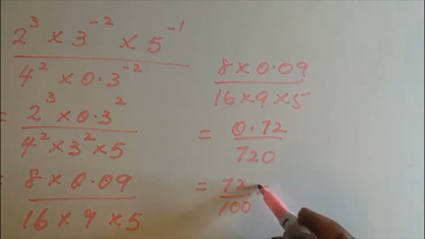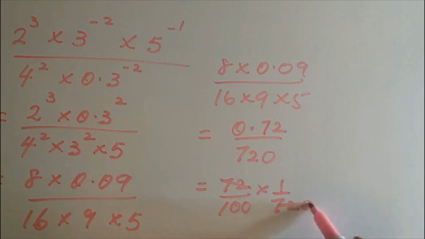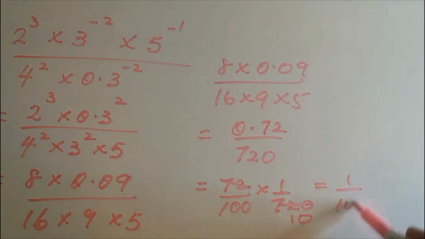We make that 1 over 720 and multiply it by 72 over 100. Now we can cancel or simplify in this direction. This gives us 10. And now we're left with 1 over 100 times 10, which is 1 over 1,000.